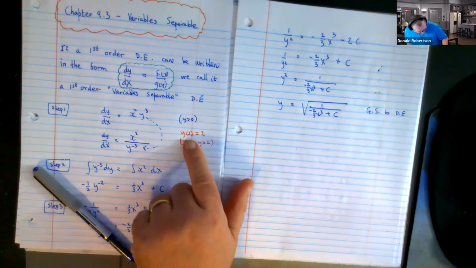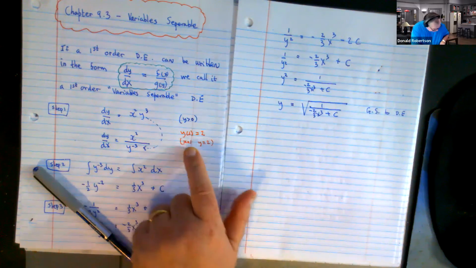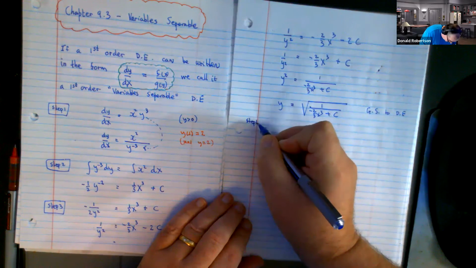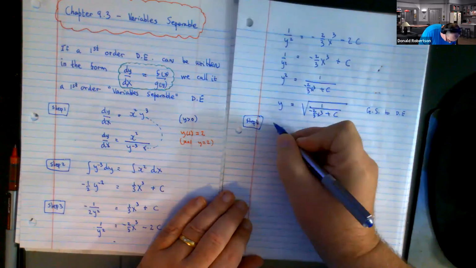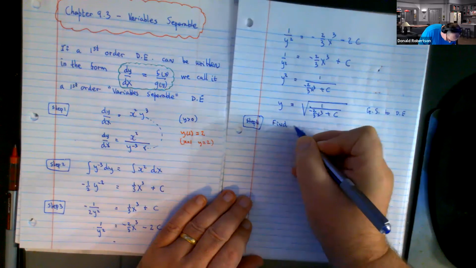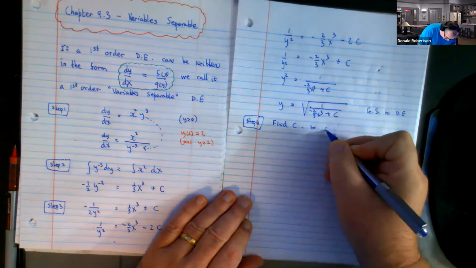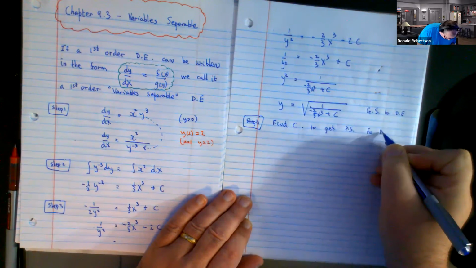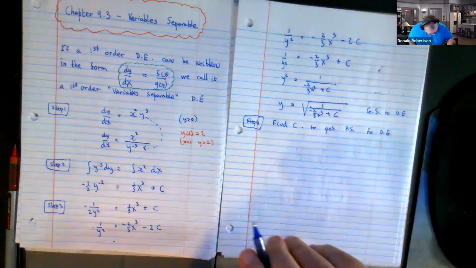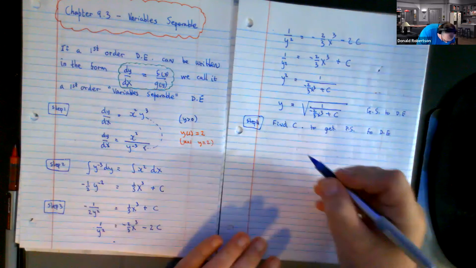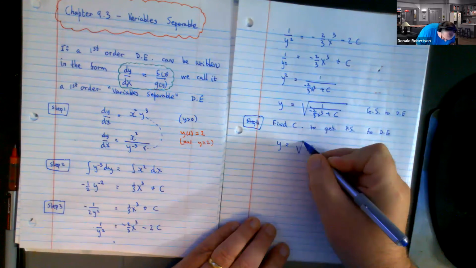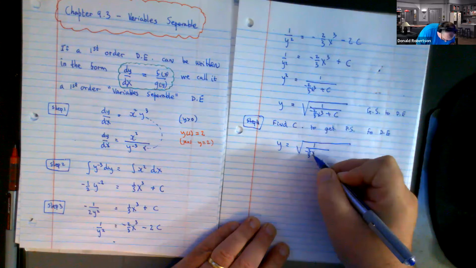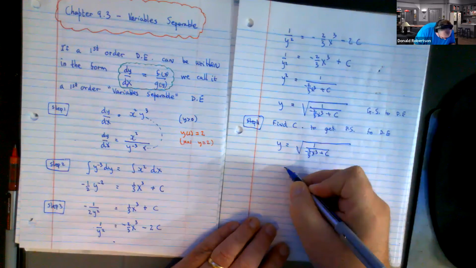Now, if you tell me this piece of extra information, it is why you end up with step 4. Basically, in step 4, you find c. And you do that so that you can get a particular solution to the differential equation. So if you tell me that when x is 1, y is 2, I go here and I say, okay, x is 1.